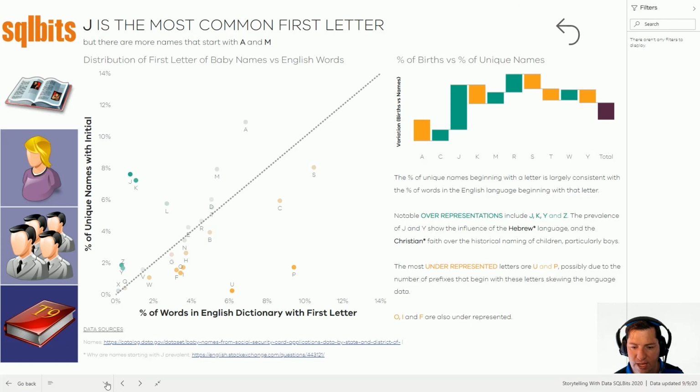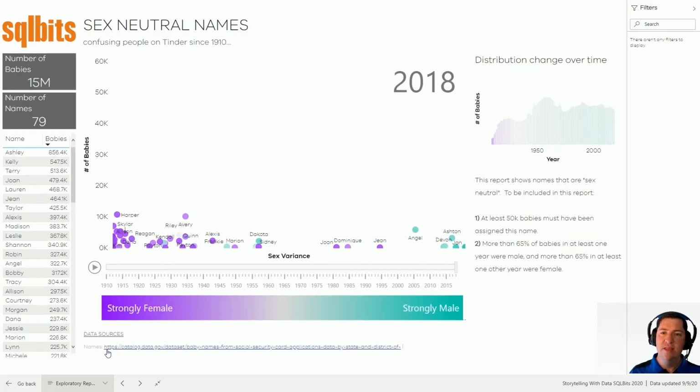Actually be in Power BI. If we look at this one, this is a story that I was playing around with the play axis, and I saw some interesting stuff, and I thought this would be something fairly interesting to talk about.